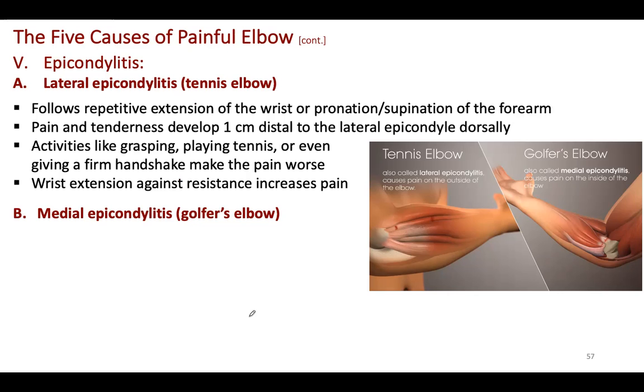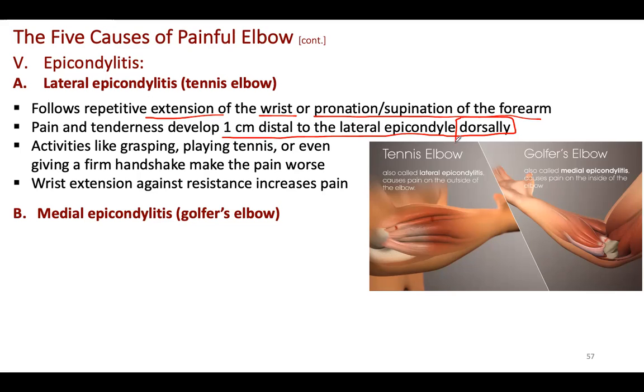So lateral epicondylitis follows repetitive extension of the wrist or pronation supination of the forearm. There is pain and tenderness 1 centimeter distal to the lateral epicondyle on the posterior side, dorsally.